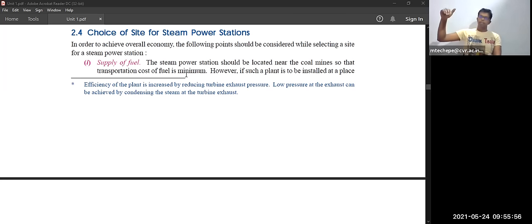That will not come to any junctions or like that. Directly it will come to the thermal power station itself. In 100% of thermal power plants, you will find railroads near the gates, separate gates for the railway itself.